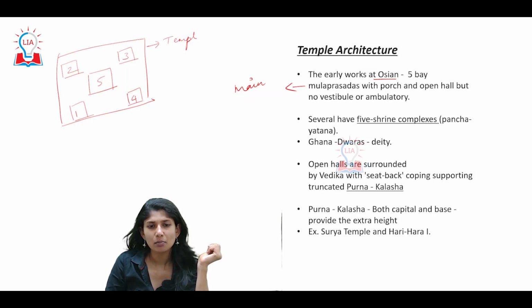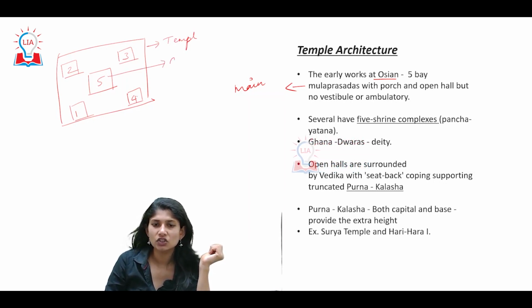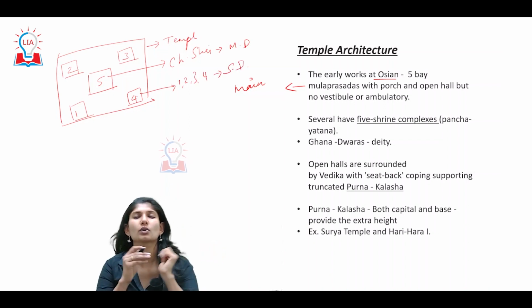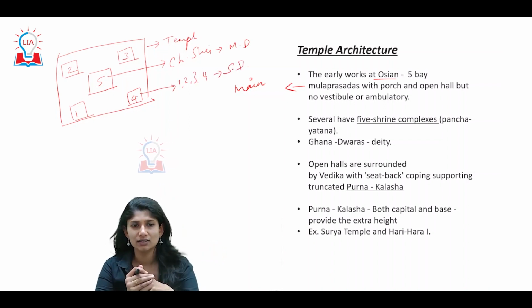Alright, there are multiple shrines. This is the chief shrine which houses the main deity, whereas these are your subsidiary shrines that house other deities. This style is called the Panchayatana style.